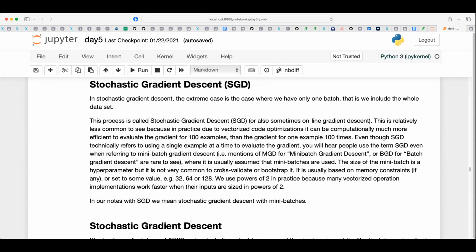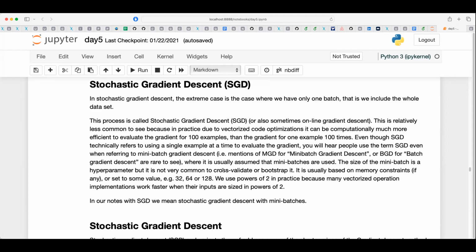You cube it, then you're doing 1 billion floating point operations. So when you then calculate the gradients, you're actually doing all these floating point operations in every iteration.